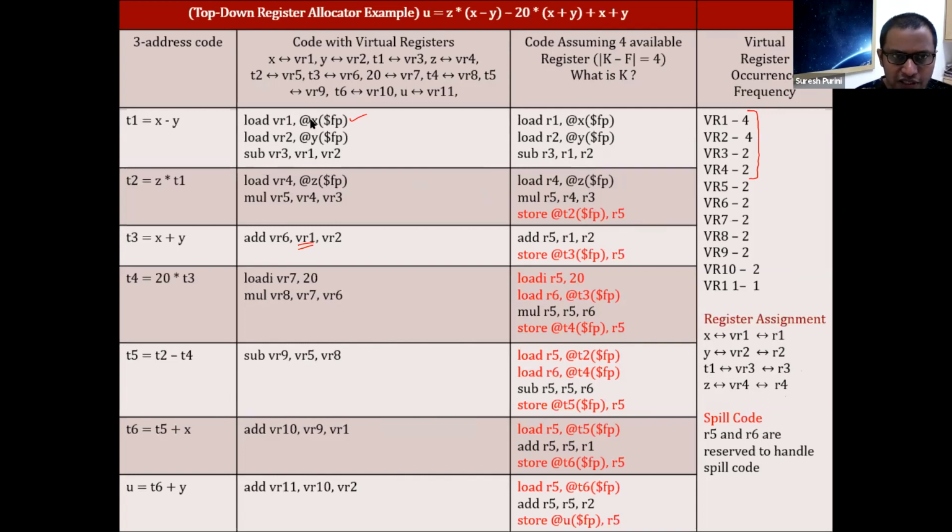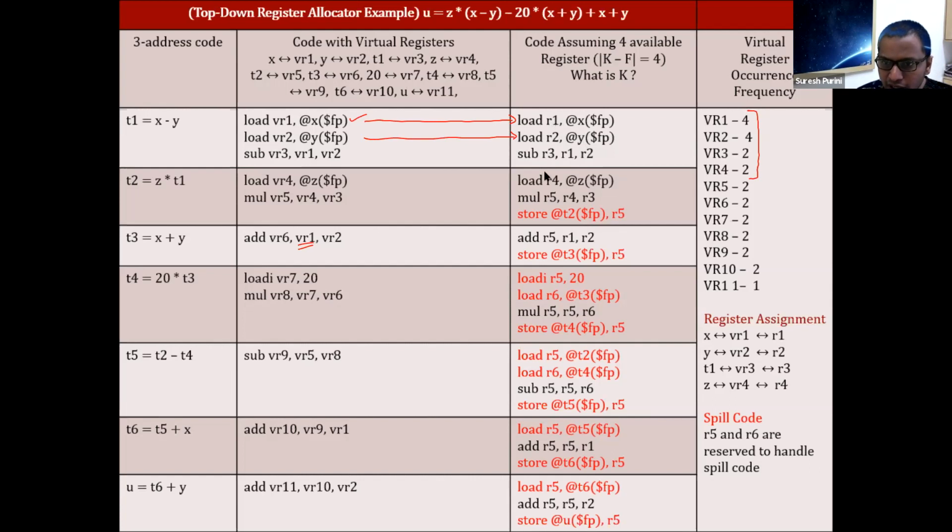Since variable X is allocated register R1, this instruction got transformed to this. Wherever VR1 is there, we replace it with R1. Similarly, VR2 is assigned R2. So X is promoted to physical register R1, and Y is promoted to physical register R2.